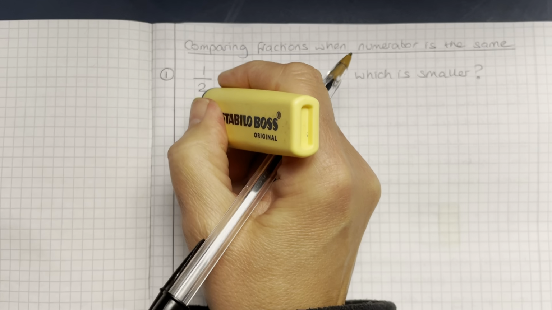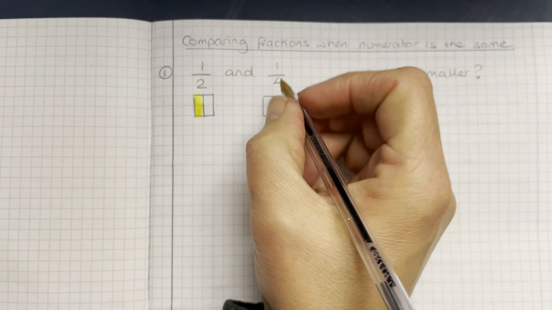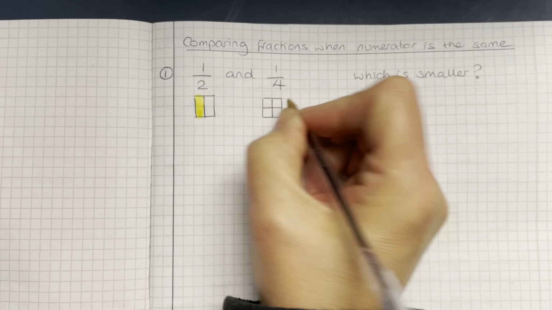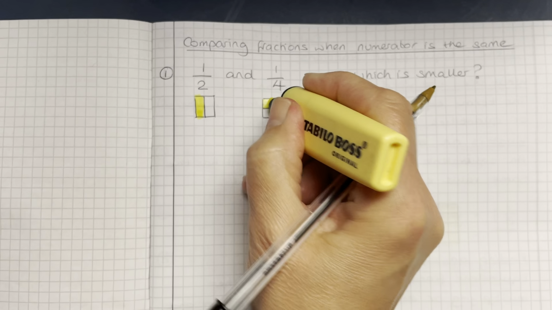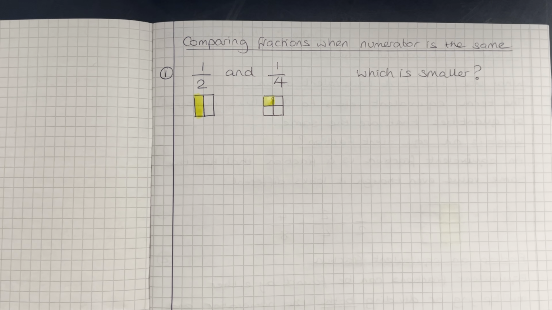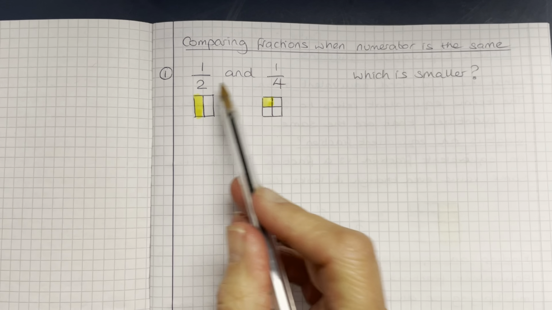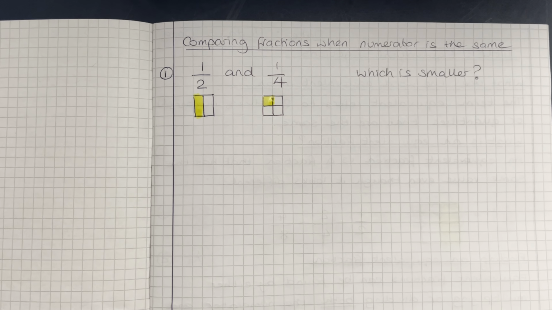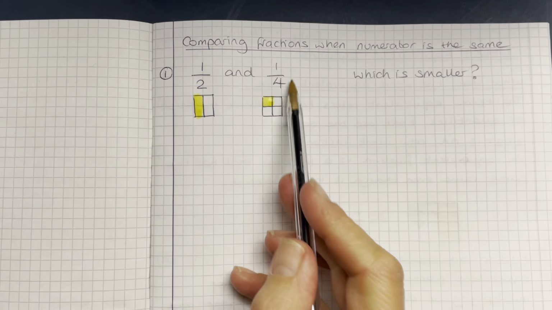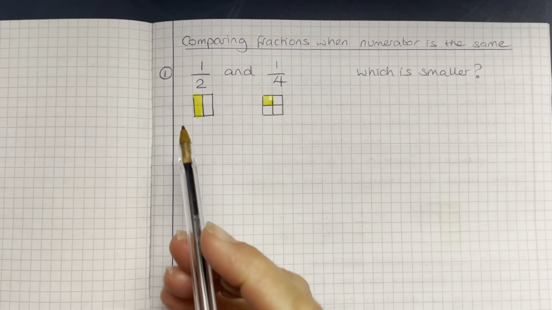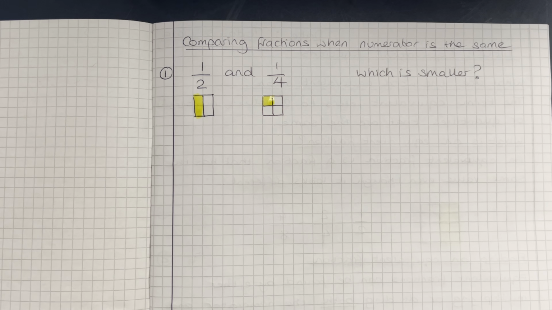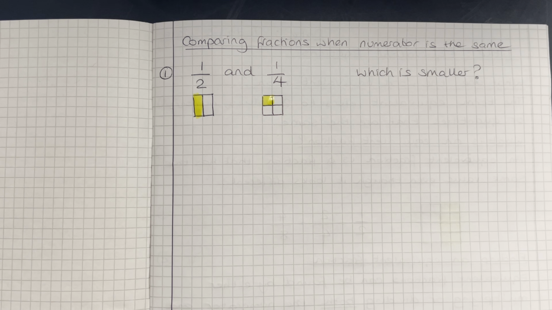So this is the size of my piece of pizza or cake. This one I'm cutting into quarters. Okay, so the basic rule here is the larger the denominator, the smaller the piece. Okay, 1/4 of a piece of pizza is going to be smaller than 1/2 if your whole is the same. Okay, so we can compare fractions when the numerator is the same, because the larger the denominator, the smaller the fraction.